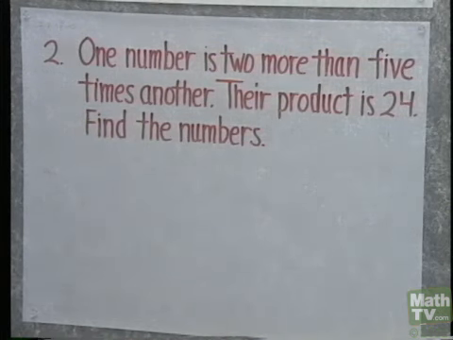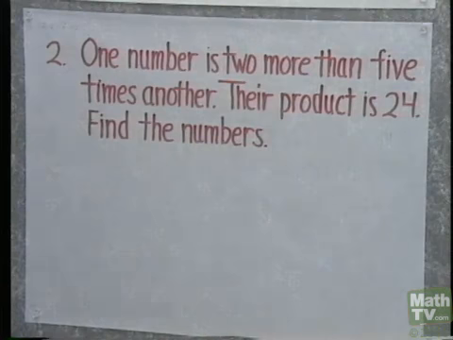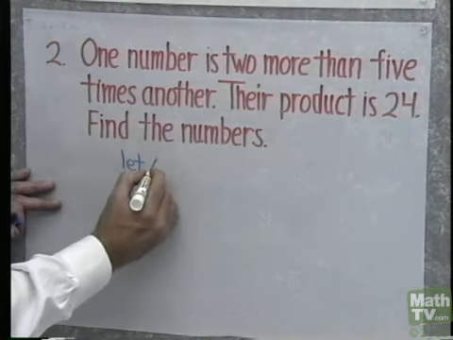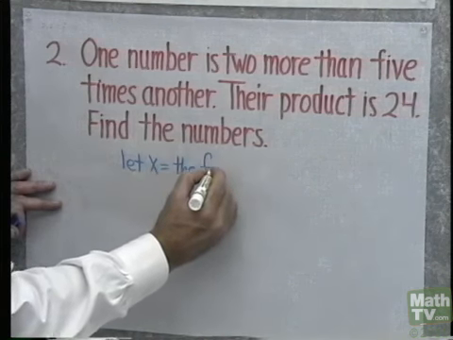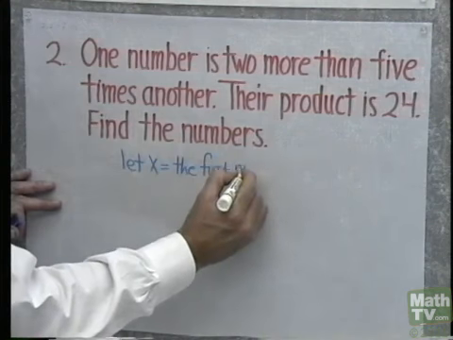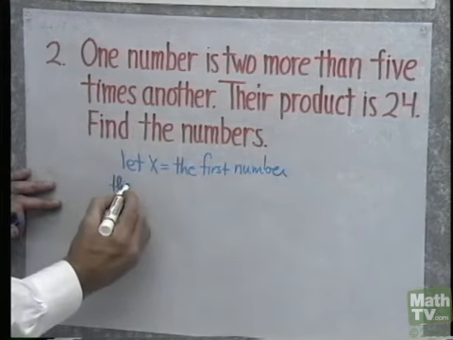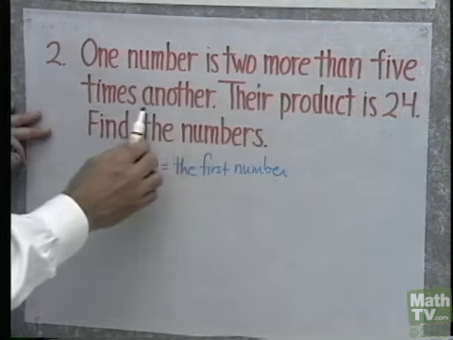One number is 2 more than 5 times another. Their product is 24. Find the numbers. So we can say, in this case, let x equal the first number, then the second number, well, let's see, one number is 2 more than 5 times another.